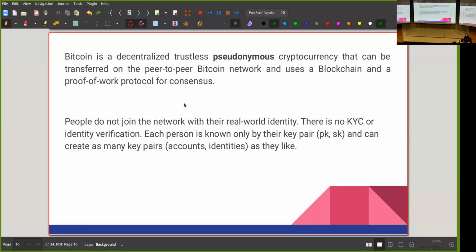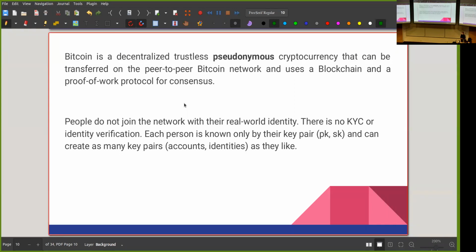And the identity is basically the key pair that I talked about that you would use for creating signatures. There was a public key, there was a secret key. The public key is going to be your identity on the network. So your identity on the network is basically a key, which is like a sequence of, I don't know, 140 digits. And it's not really connected to your real world identity.